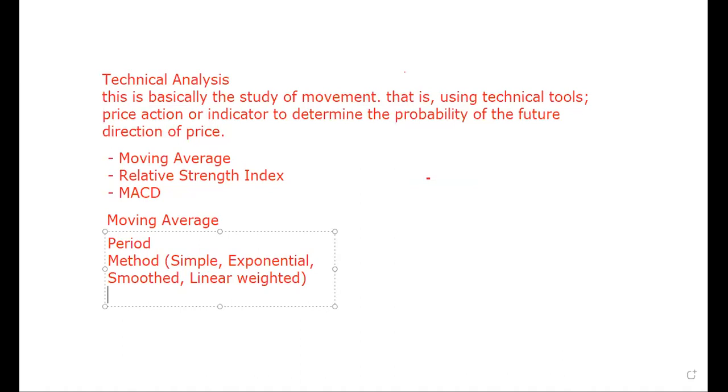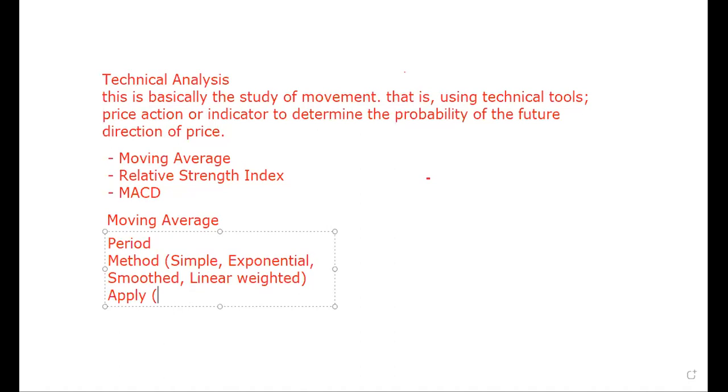Then the last thing you need to know when it comes to setting a moving average is what we call apply, that is, what type of price do you want to measure?